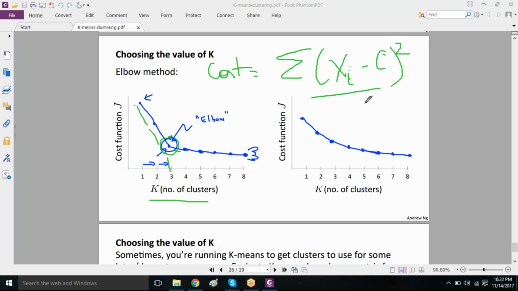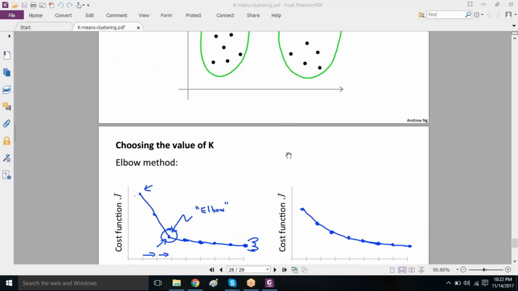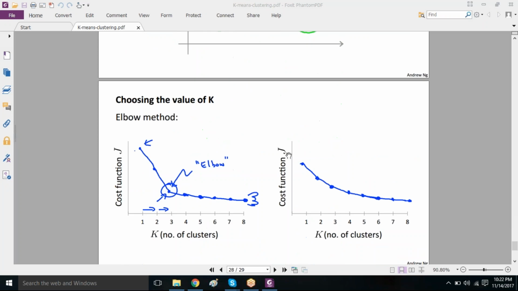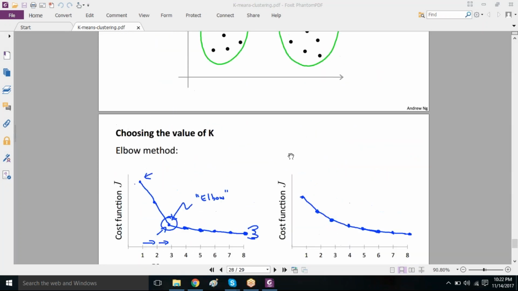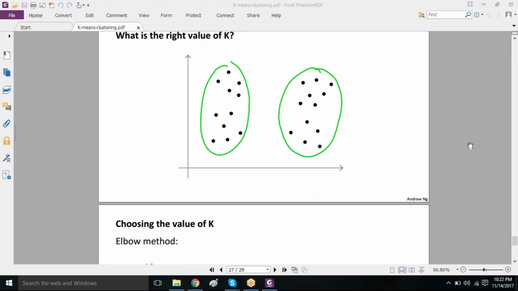So if you have, say, 10 data points like this, suppose the cluster center is here for this and here for this.